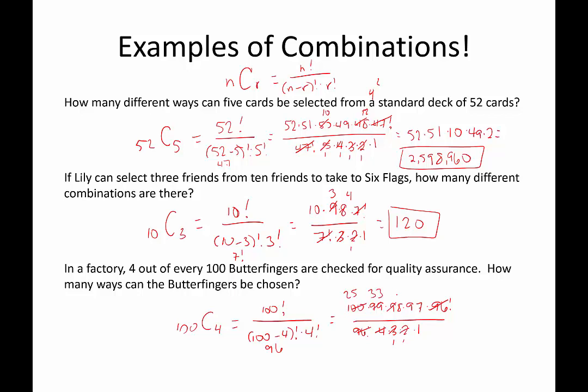And 2 goes with 98, and that would be 49. So then we'd be multiplying 25 times 33 times 49 times 97, which when we multiply that through, we get 3,921,225. That's a lot of different ways that we could check for quality assurance to choose 4 out of 100 Butterfingers.